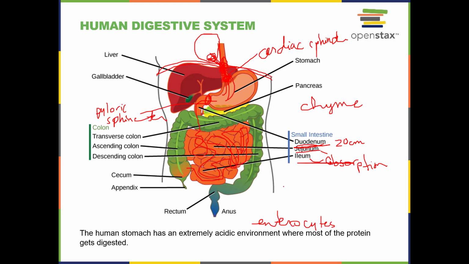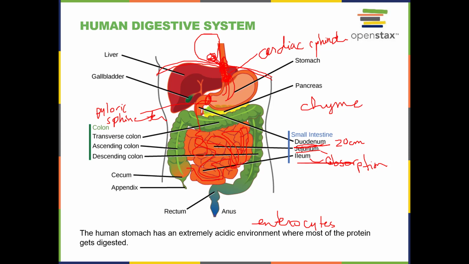And surface area is important because every point of surface area that the food contacts as it moves through all these structures ensures that all the possible nutrients that can be absorbed will be moved across that simple epithelium.